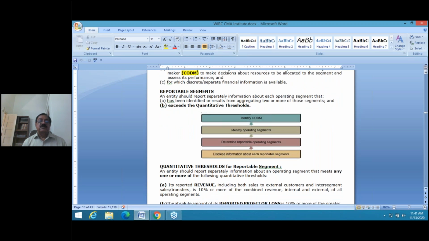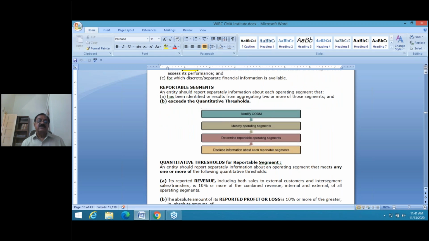Okay, so here, out of the several business activities, which activities will be considered as reportable segments? So what is a reportable segment? An entity should report separately information about each operating segment. It has to classify all these business activities into reportable and non-reportable. For reportable, it has to give detailed information. Now, how to decide this reportable segment?